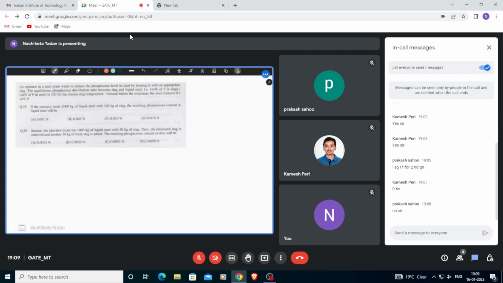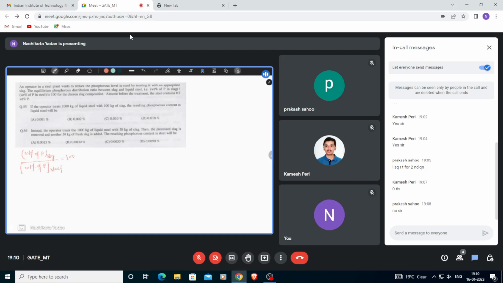Here, an operator in a steel plant wants to reduce the phosphorus level in steel by treating it with an appropriate slag. The equilibrium phosphorus distribution ratio between slag and liquid steel, weight percent of phosphorus in slag divided by weight percent of phosphorus in steel, is given as 100.